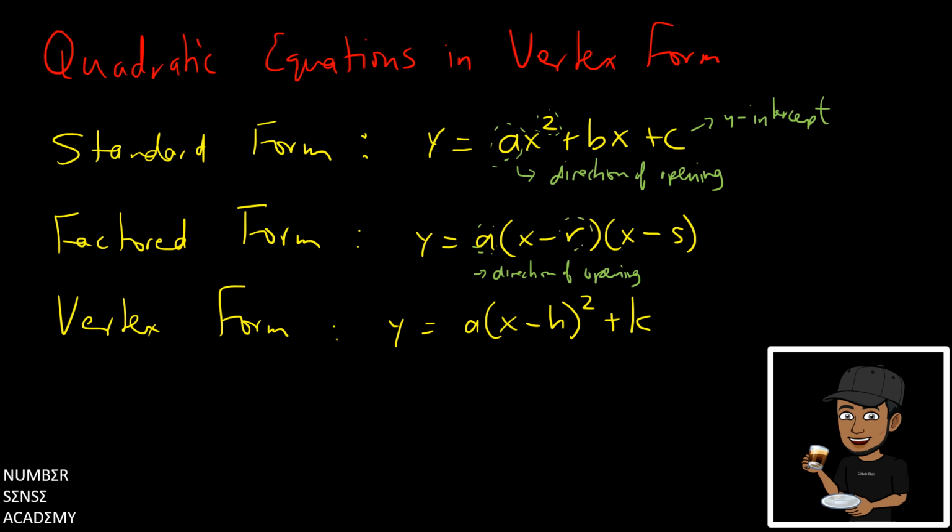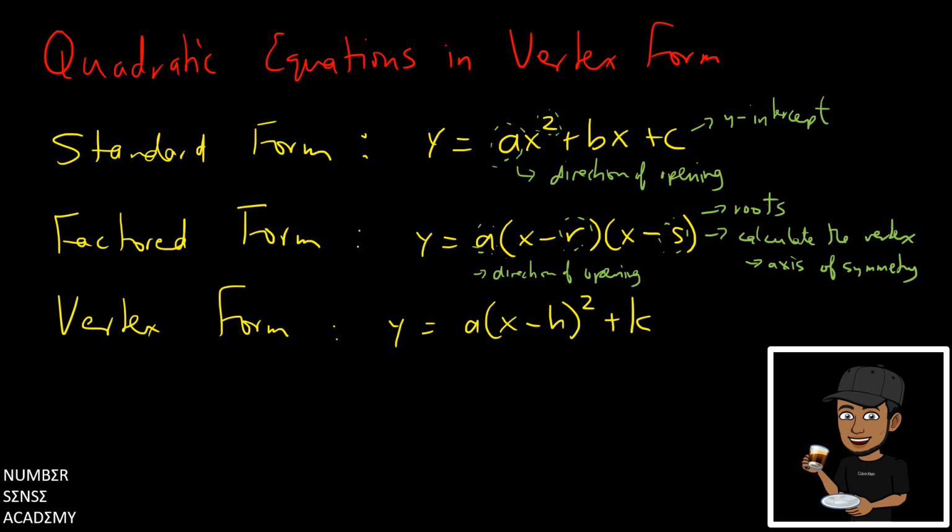We have the zeros, so s and r are zeros, so we could get the roots of the equation. We could calculate the vertex, and if we can calculate the vertex, we could find the equation of the axis of symmetry.